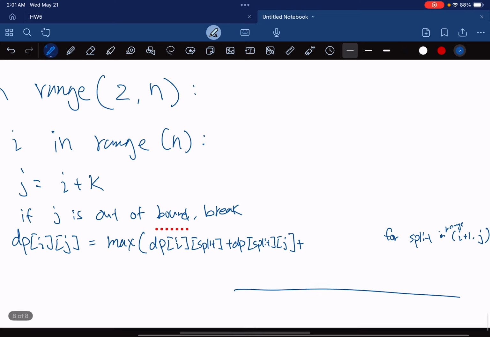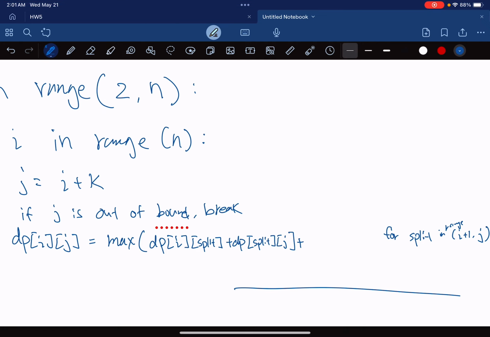So if we want to take split last, it would just be nums of split, that's the value we're taking out, multiplied by the number beforehand.